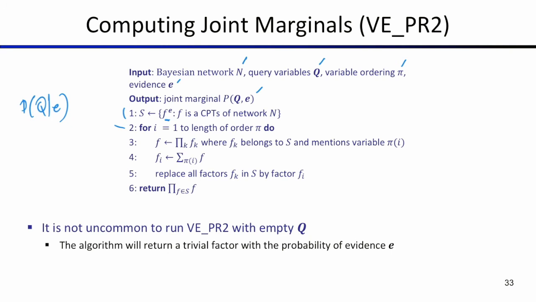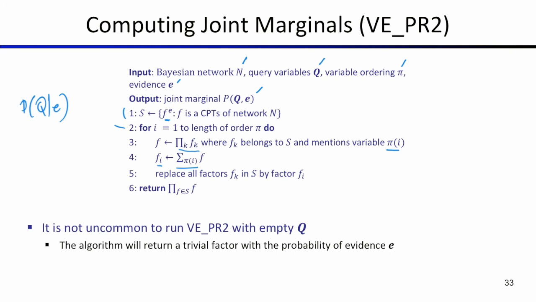And I will multiply all the factors together that mention the variable pi i. After joining those factors together in a single factor that we are calling F, I will eliminate the variable pi i by doing the summation process. I'm calling this new factor Fi.